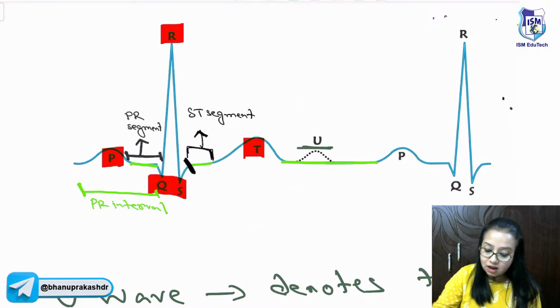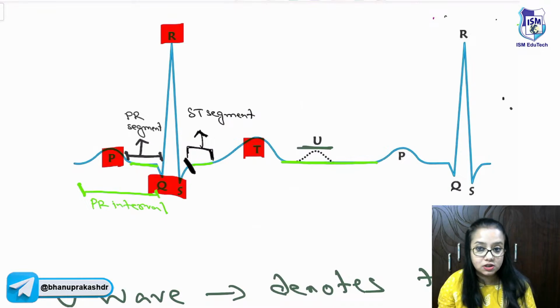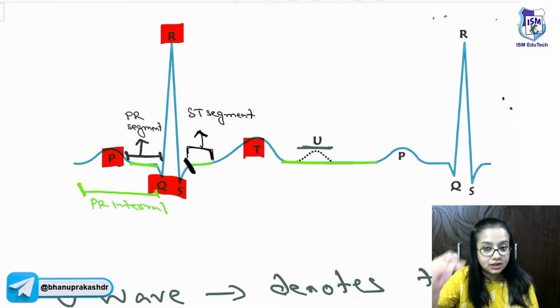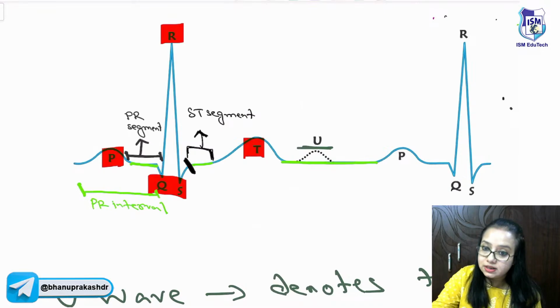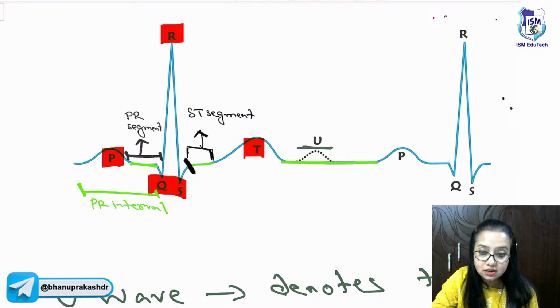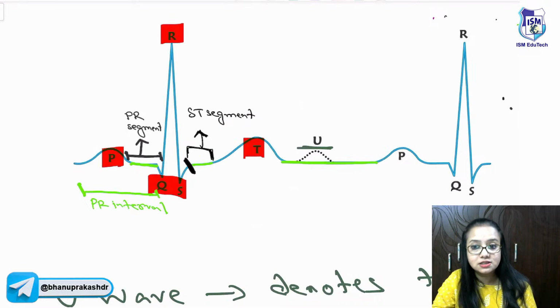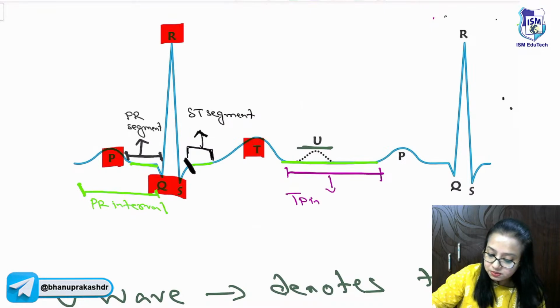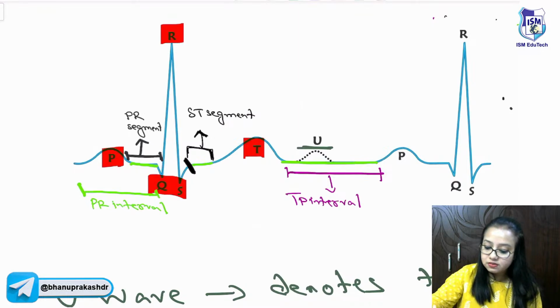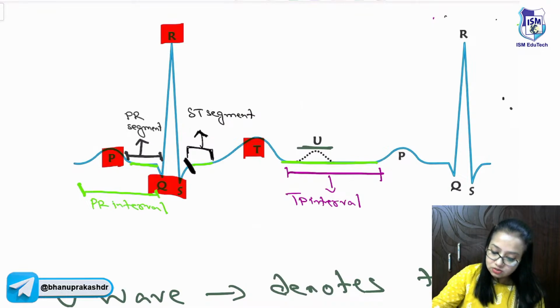So, after the depolarization and repolarization of the atrium and ventricle one time, and before the next start of the beating of the heart, that duration is the TP interval. It has a U wave and the isoelectric line.